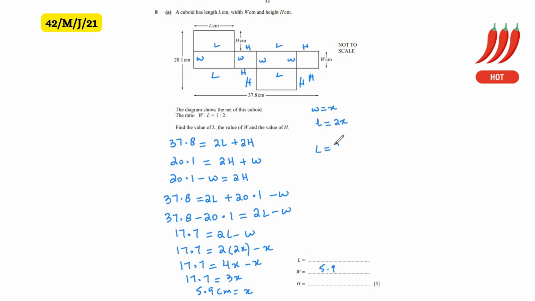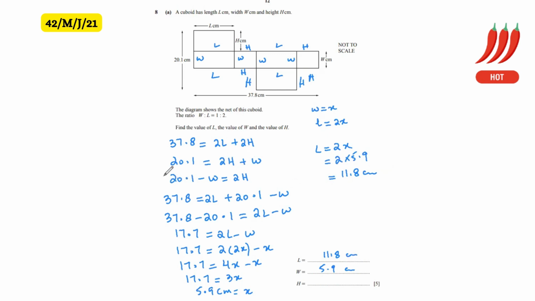L would be twice of X, so twice of 5.9, which is going to give us 11.8 centimeters. And for H, we can just use these equations.